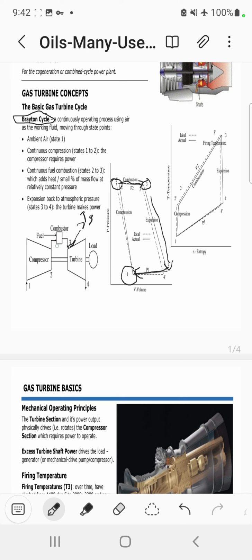Because the hotter the air, the more efficiency the turbine has. So if it is 83, it means good. If it is 90, it means better. If it is 100%, which is impossible, it means excellent. So the higher the number we get in T3, the better the efficiency of the turbine itself.